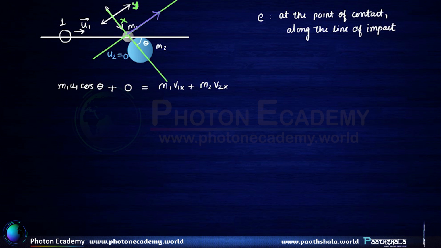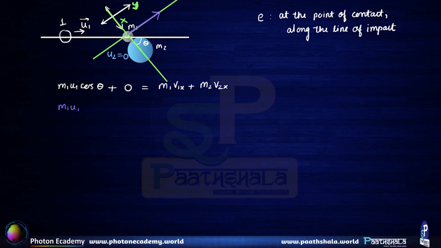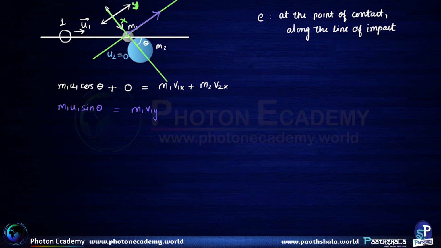So for that we can write down m1 u1 sin theta is equal to m1 v1y. So here only one unknown is there, v1y. We can easily see that v1y is equal to u1 sin theta. That's easily understood. In the first equation there are two unknowns, so we need one more equation.